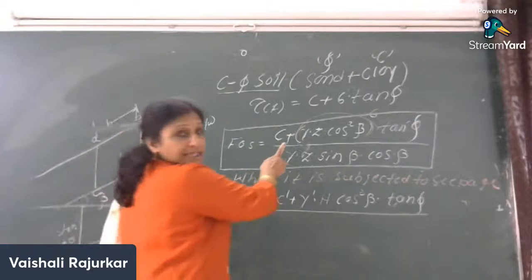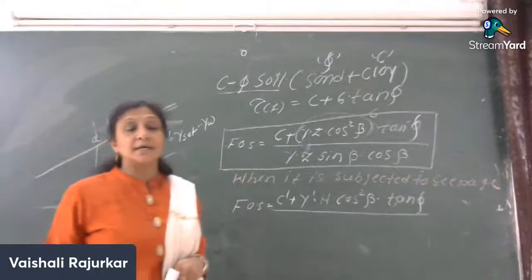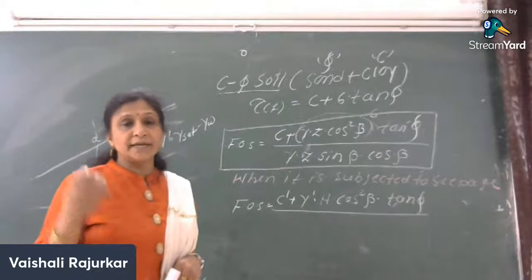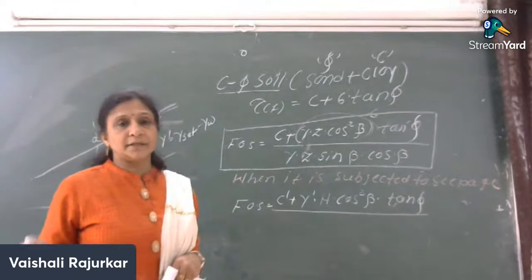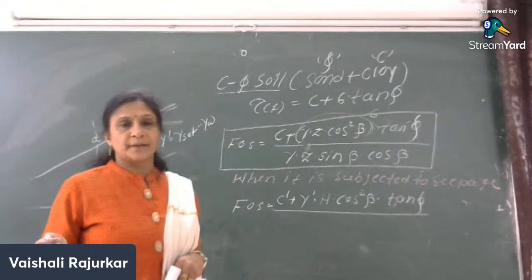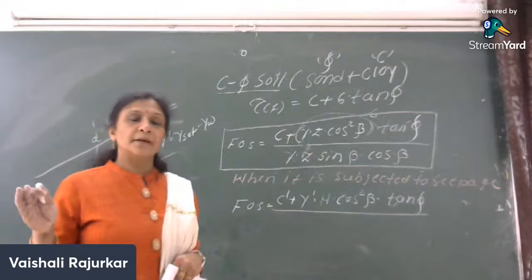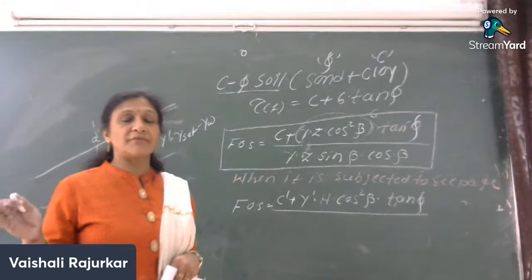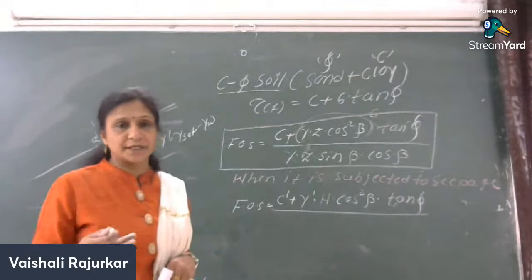gamma saturated. Here the most dangerous one is the self-weight of the soil, which is directly proportional to the state of the soil in this zone. Gamma saturated has the maximum density or maximum self-weight when the soil is in a saturated condition as compared to the submerged condition.